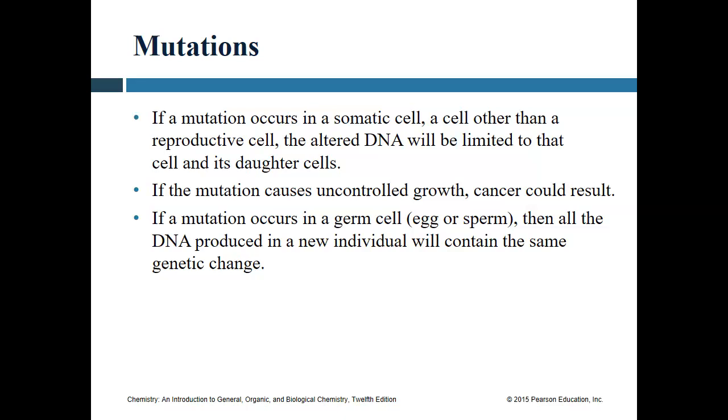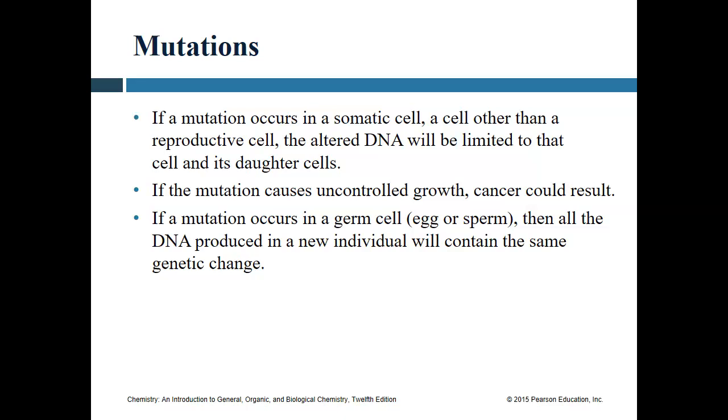If it occurs in a germ cell, so that is, if you're a woman, your egg cells, if you're a man, your sperm cells, then that mutation is going to happen in anything that egg or sperm can interact with.